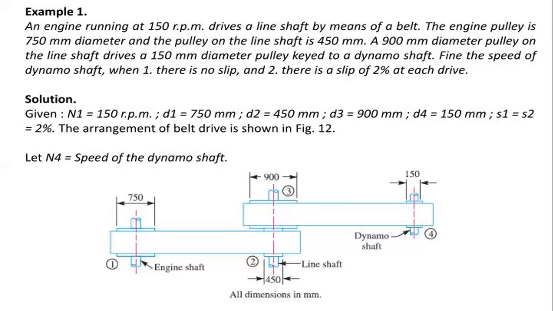So first of all, study the question. An engine running at 150 RPM drives a line shaft by means of a belt. The engine pulley is 750 diameter, and the pulley on the line shaft is 450.